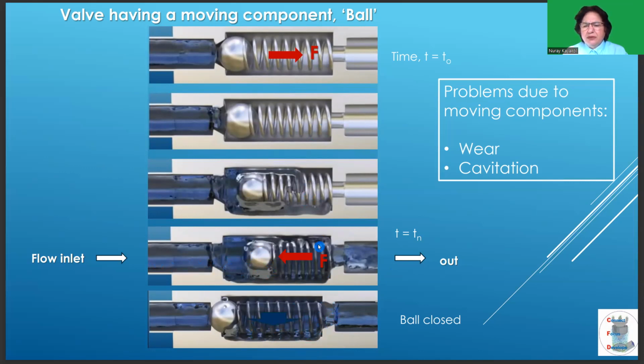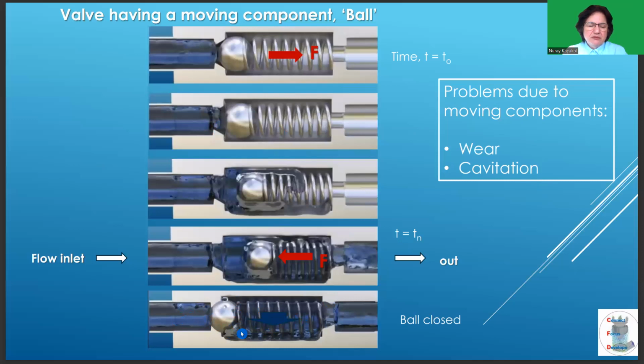What is the problem with this? First of all, there is a moving component, that is the ball. Wear will occur where the ball is touching this conical shape, and then there is cavitation. If the liquid pressure is high during the moving ball process, the liquid can evaporate. That means the liquid pressure will be below the vapor pressure of the liquid.